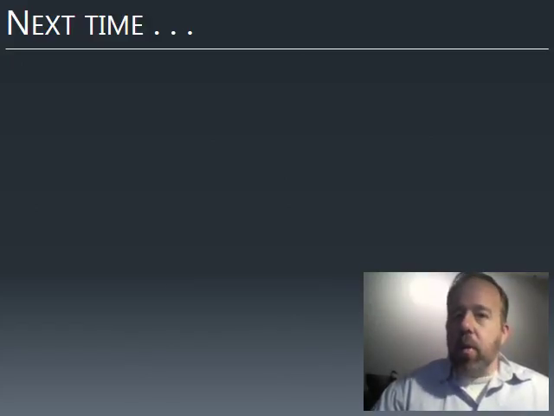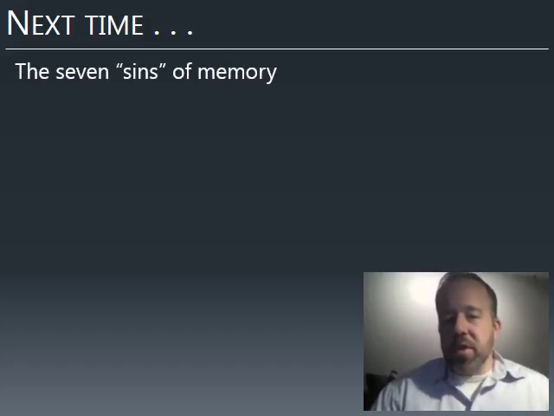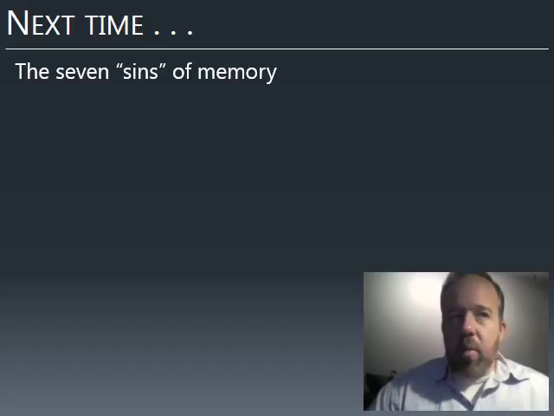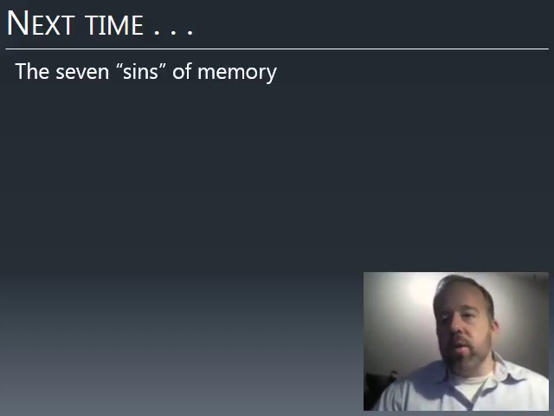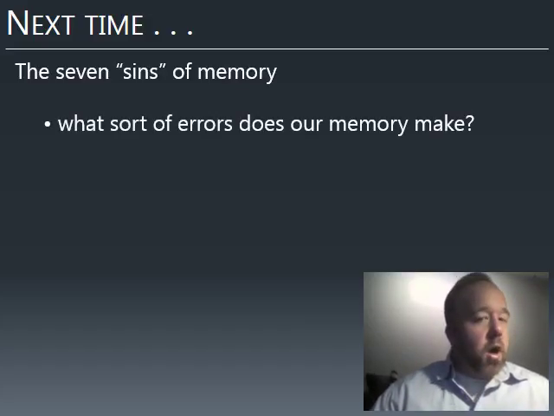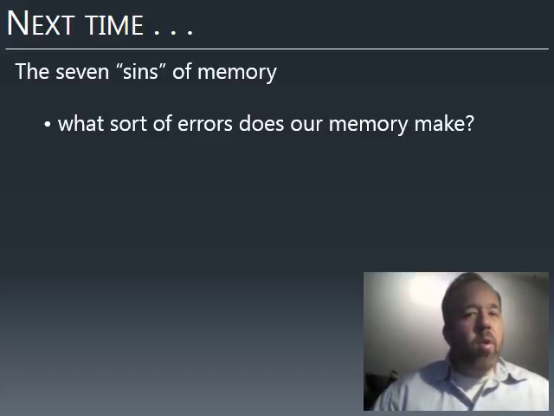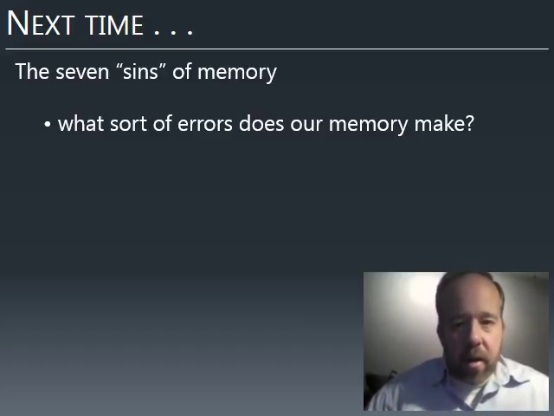Okay, that will do it for this lecture. Next lecture, we will continue our unit on memory, and we'll talk about what your book calls the 7 sins of memory, which are different errors that we can make when we try to store memories or retrieve memories later. So we'll talk about what kind of errors we tend to make. How is our memory not perfect? What mistakes are made?